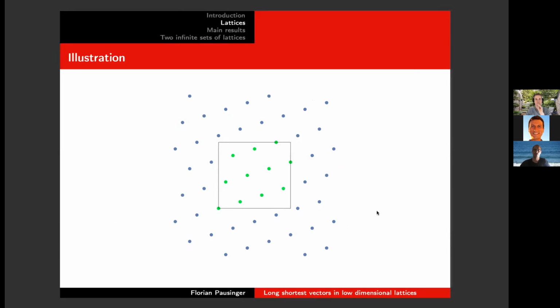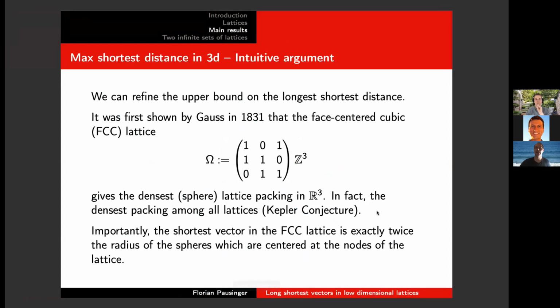Okay, so now remember that in the beginning, I gave an intuitive argument about the order of magnitude of this shortest distance. And now I would like to go one step further and also determine the leading constant that we have. So I had c times n to the 2/3.